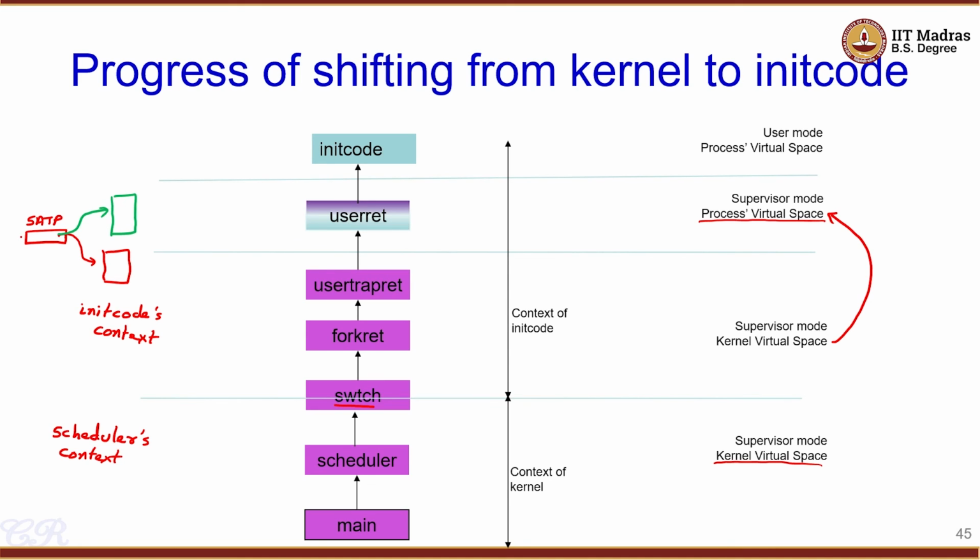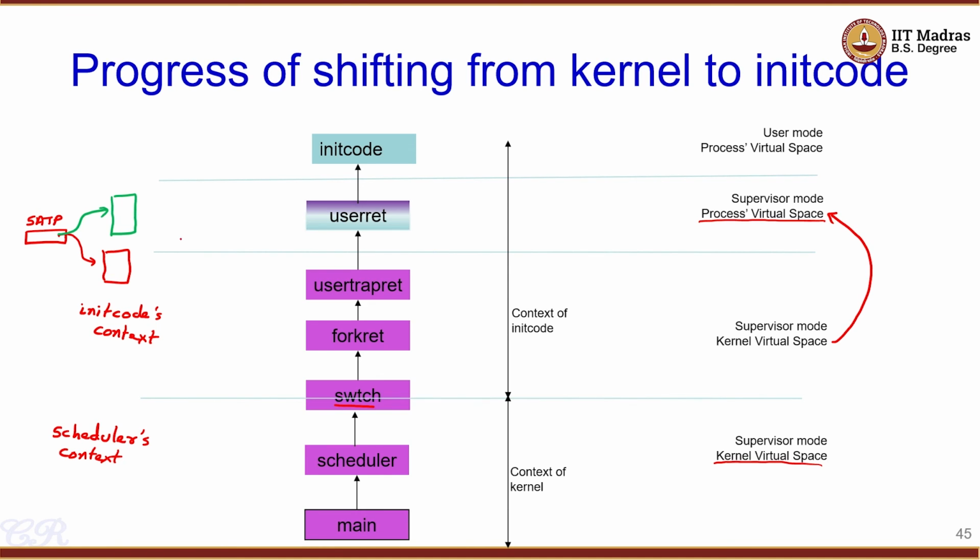Configuring the SATP pointer in such a way means that any address the CPU puts out now uses the corresponding page directory and page tables to transform from the virtual to the physical address, right. And this way we are essentially configuring the CPU to use a new virtual address space.